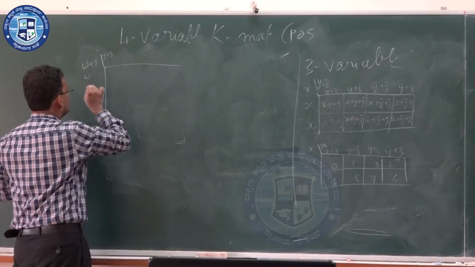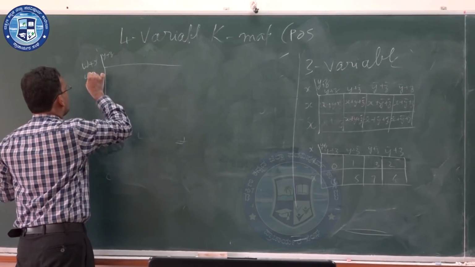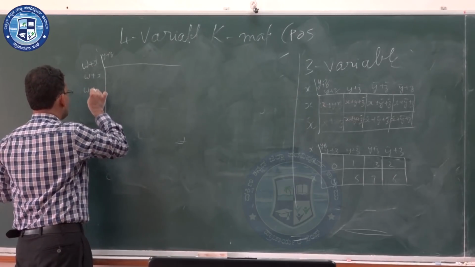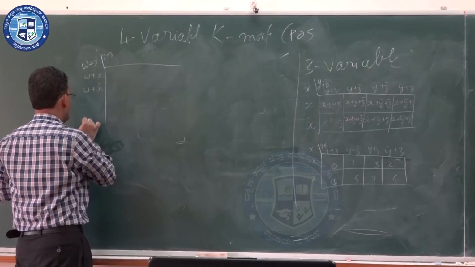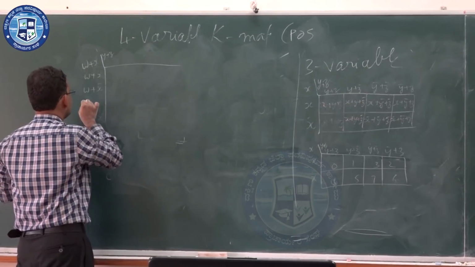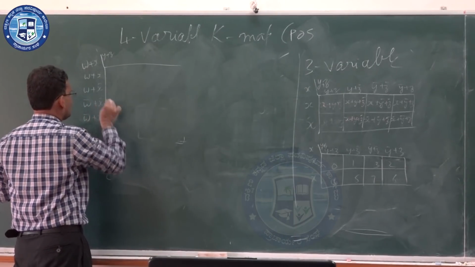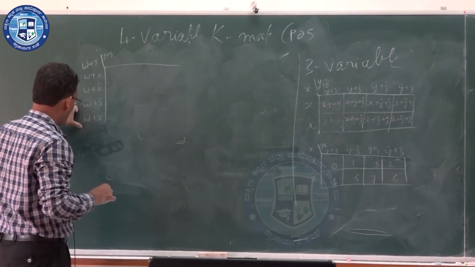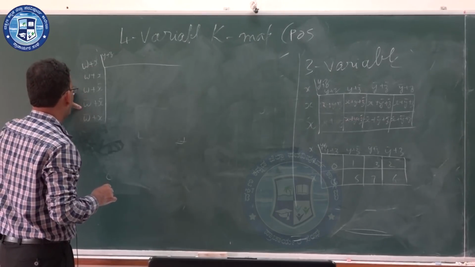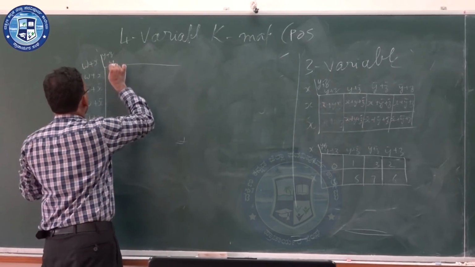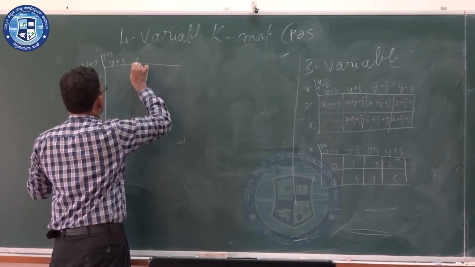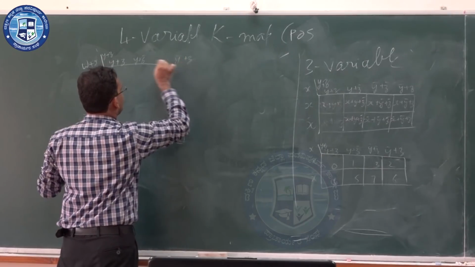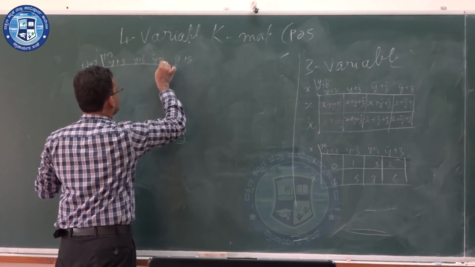Here w plus x, w plus x bar, w bar plus x and w bar plus x bar. It is 0 0, 0 1, 1 0, 1 1. And y plus z, y plus z bar, y bar plus z and y bar plus z bar.